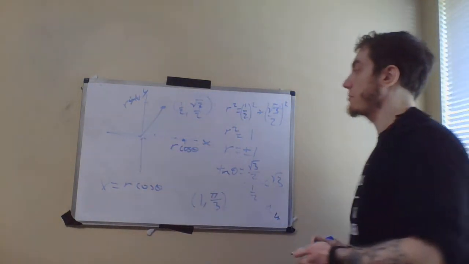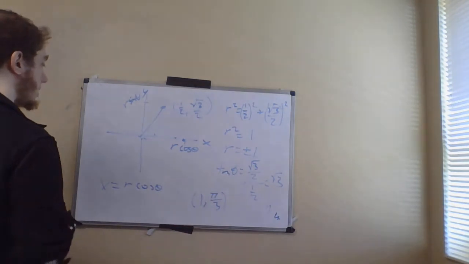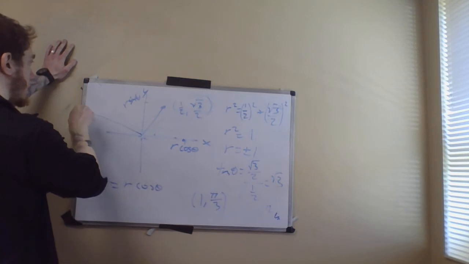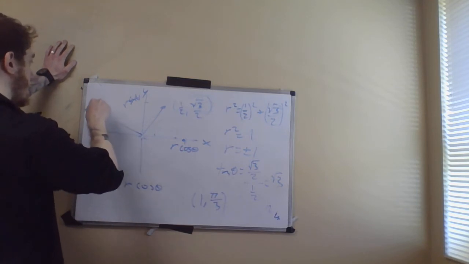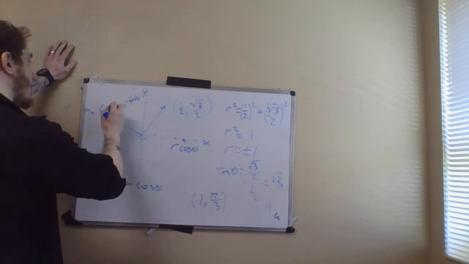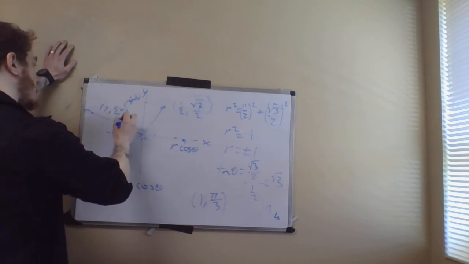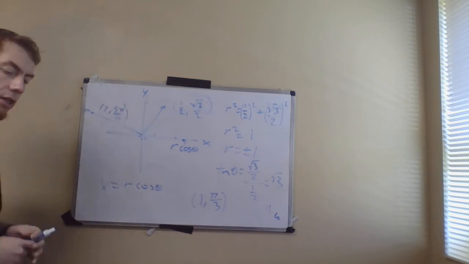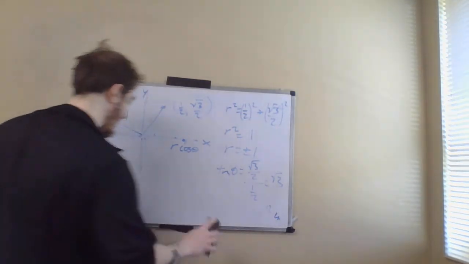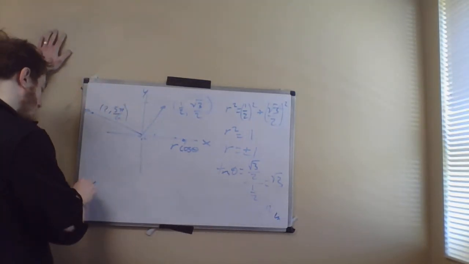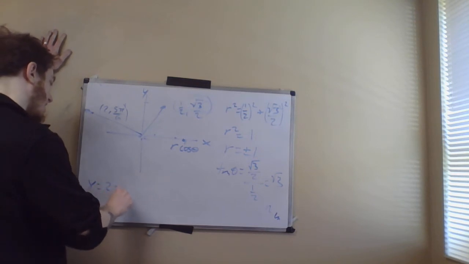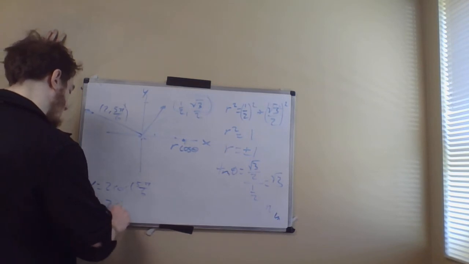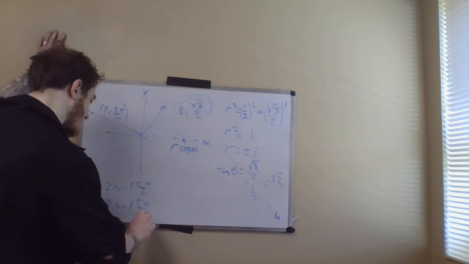So if I give you some sort of a point, let's say 2, comma, about 5 pi over 6, then in radial coordinates here, this is really straightforward because now we just say x is equal to 2 times the cosine of 5 pi over 6, and y is equal to 2 times the sine of 5 pi over 6.